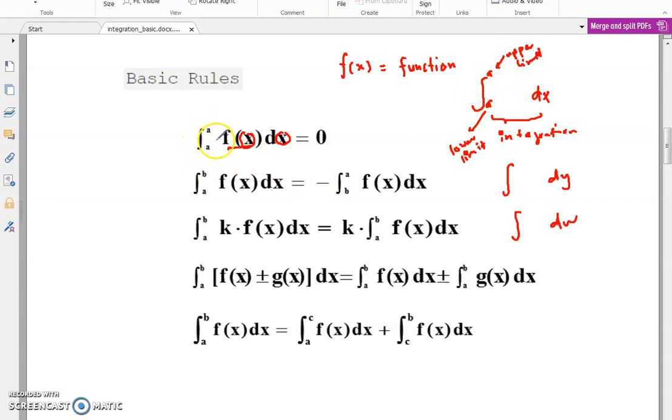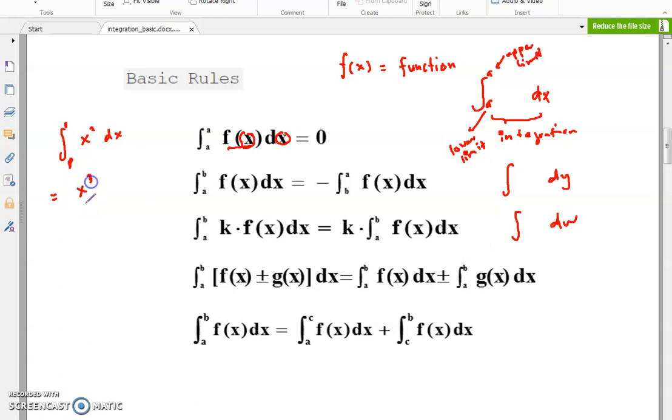If we have the same value there, immediately you can say that our answer is 0. For example, if I ask you to integrate from 1 to 1 of x to the power of 2 dx, you can say that our answer is 0.